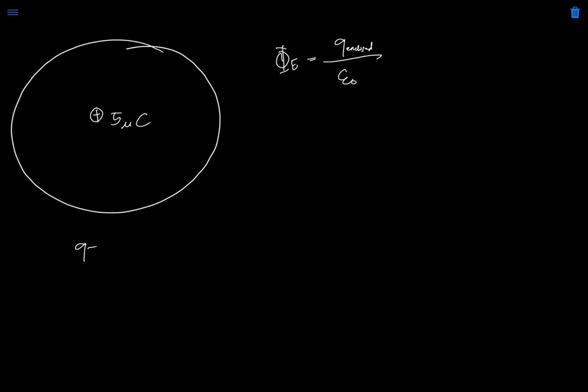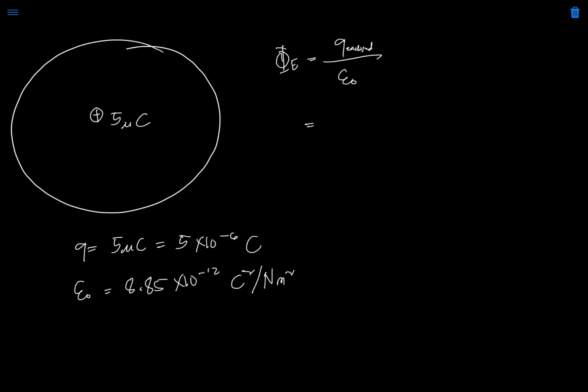So our Q here is 5 microcoulomb, or this is also equivalent to 5 times 10 raised to negative 6 coulomb, and the value of epsilon naught is equivalent to 8.85 times 10 raised to negative 12 coulomb squared per newton meter squared.